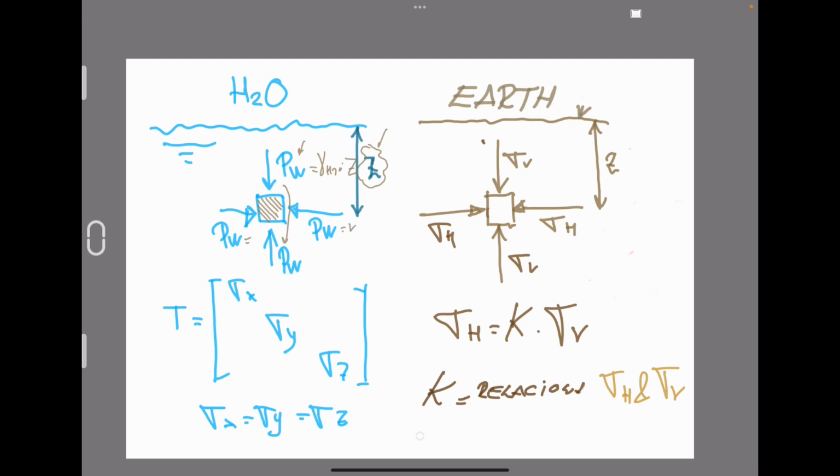If we want to describe this hydrostatic behavior of the material in a, let's say, gentle way, we have a stress tensor in which, on the main diagonal of the matrix, we can find the normal stresses in the main global axes. The rest of the positions of this matrix are zero.